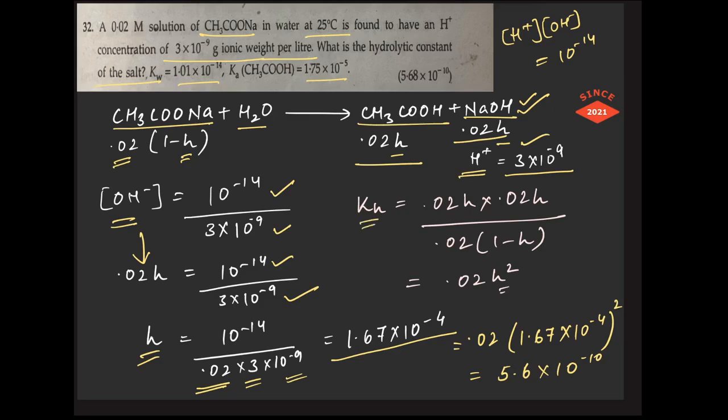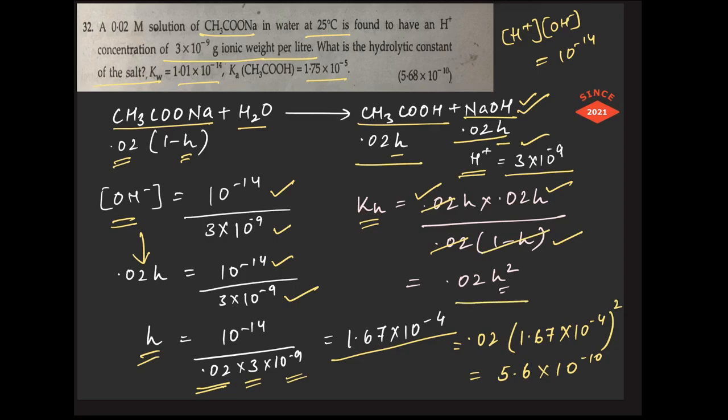Now for Kh, what is Kh? Kh is equal to concentration of acetic acid multiplied by concentration of NaOH divided by concentration of sodium acetate, right? 0.02 cancels, 1 minus H can be neglected in the denominator. So Kh is equal to 0.02 into H square. Okay?